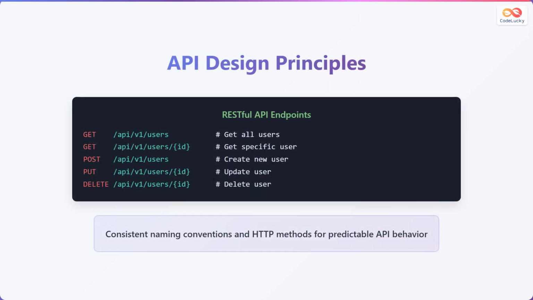Let's consider the principles of API design, specifically RESTful API endpoints. As you can see, we have various routes defined using standard HTTP methods. GET /api/v1/users to retrieve all users. GET /api/v1/users/ID to retrieve a specific user.